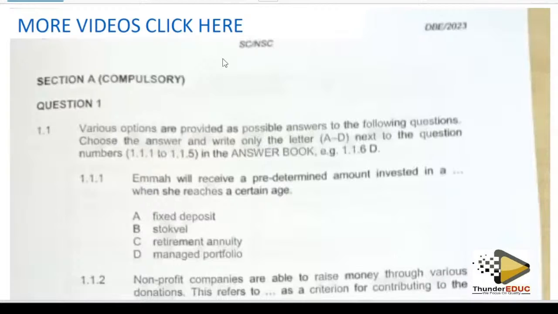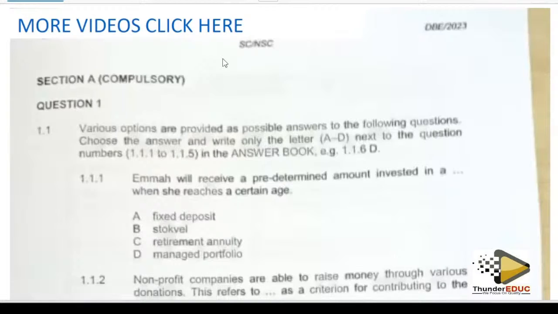Okay, right. So now we have the question, and this question is in line with the predetermined amount of money invested, and also age is there. If you check the first option given, fixed deposit, it has nothing to do with age, and it has nothing to do with predetermined. The stokvel, in the same manner, has nothing to do with age and predetermined.